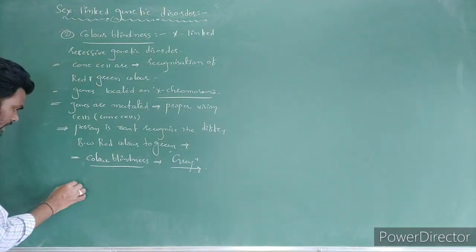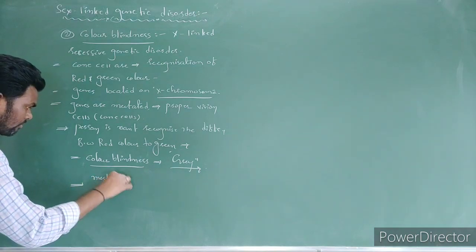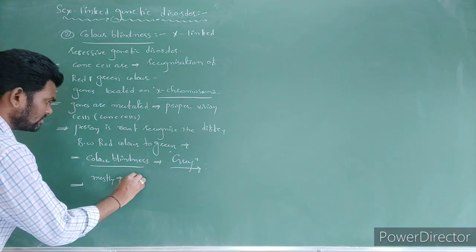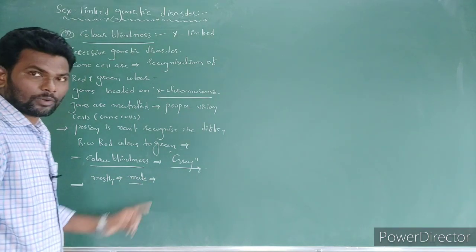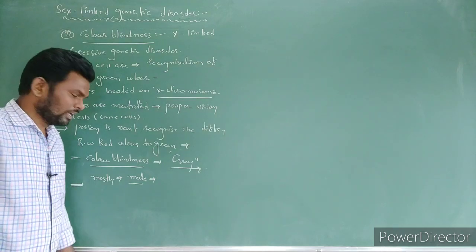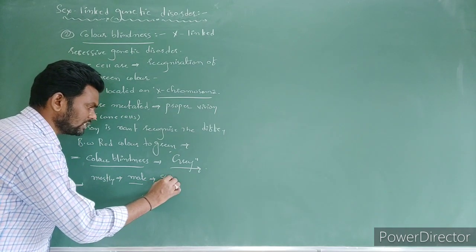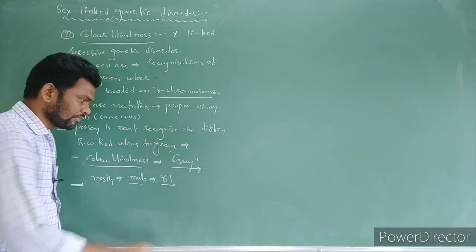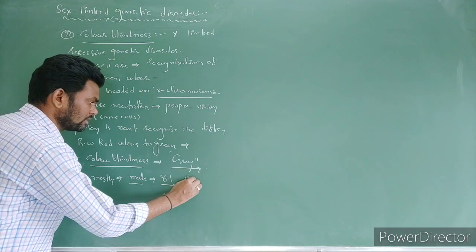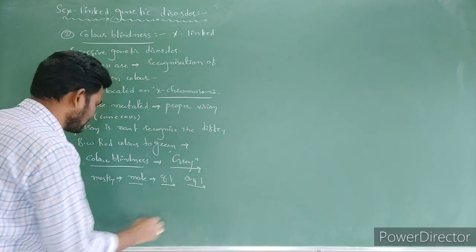Next, in this case also mostly males are suffering from color blindness, not females. According to the data given, 8% of males are suffering from color blindness, and females have a very small percentage, 0.4%, the least chances.